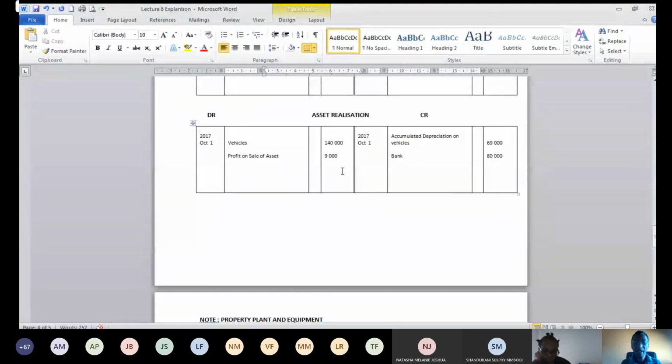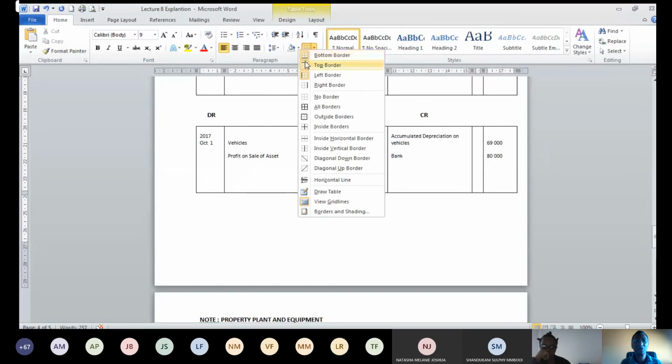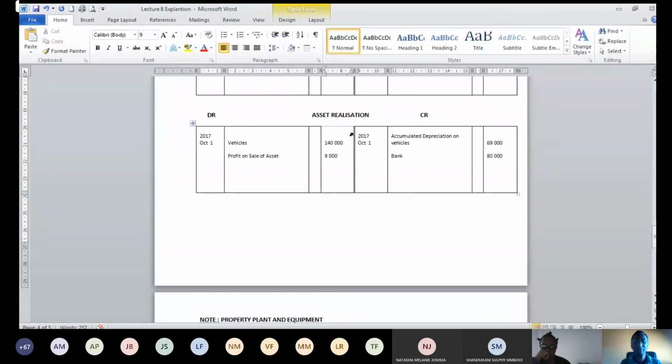And now your asset realization account, guys, must balance. This account now must balance. So you add up your debit side. You add up the debit side here. And if you add up your debit side, guys, you will get 149,000 Rand.